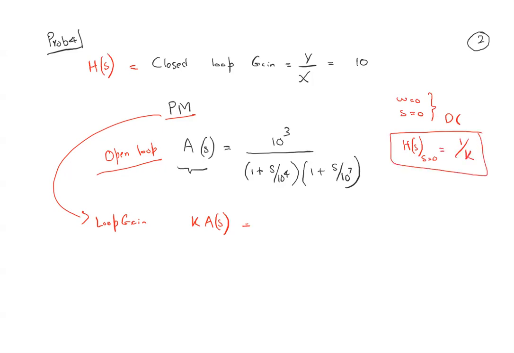We all know this. If this is H of S, we have A of S divided by 1 plus K A of S. We can directly put S equal to 0 and figure it out. I will show you at the end of the lecture a brief explanation about this concept.